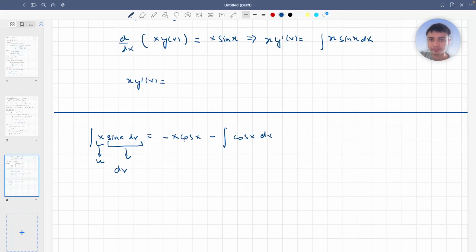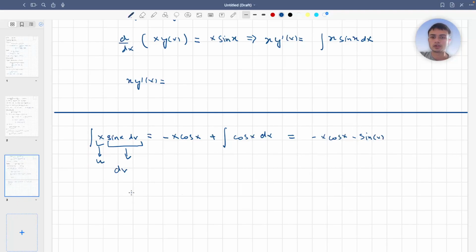Let me think about the sign. The derivative of cos is minus sin x, so there should be a plus right here, right? So this will go as minus x cos x, and just let me know in the comments if there is a mistake in the sign, I'll correct it. Minus x cos x plus sin x.